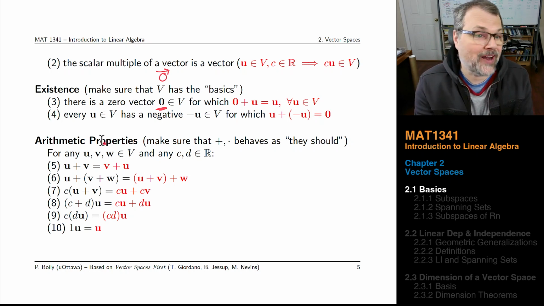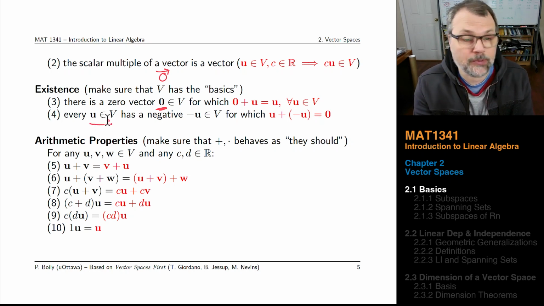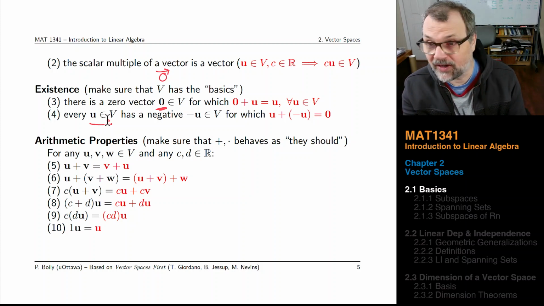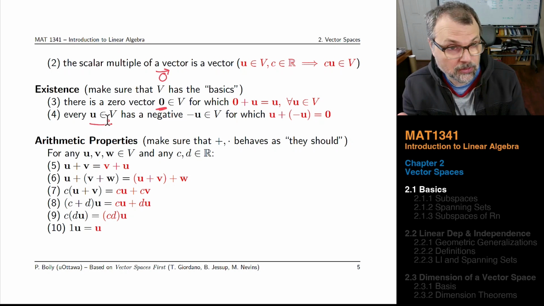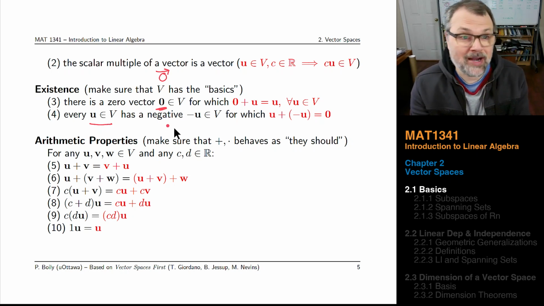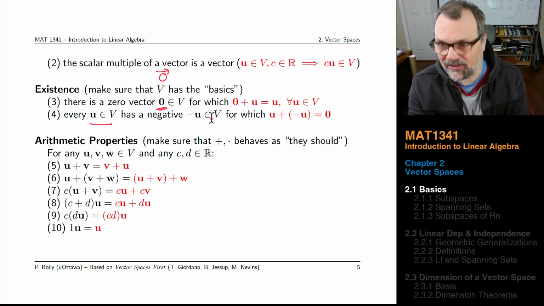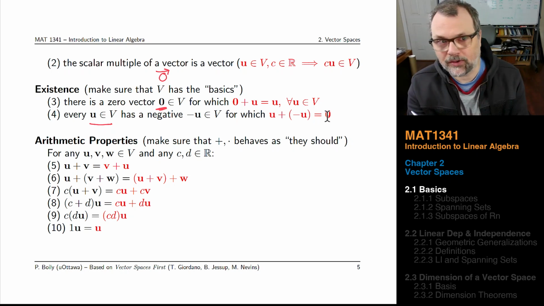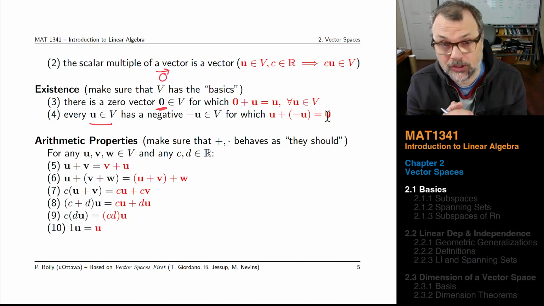And for every vector in your space, you can find a negative of that vector, which is basically -1 times that vector, that is going to have the property that U plus the negative of U gives you the zero vector. So in essence, you can always reverse a vector.